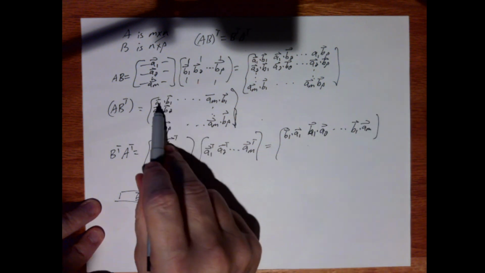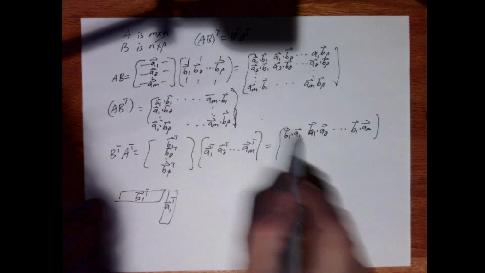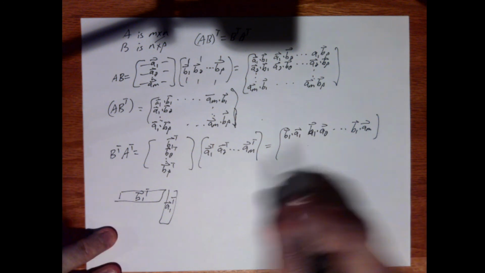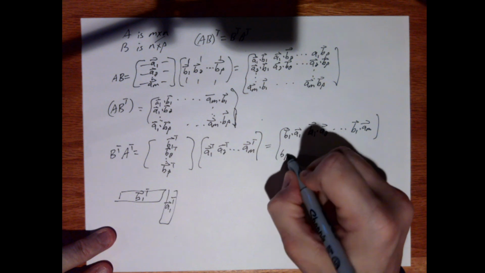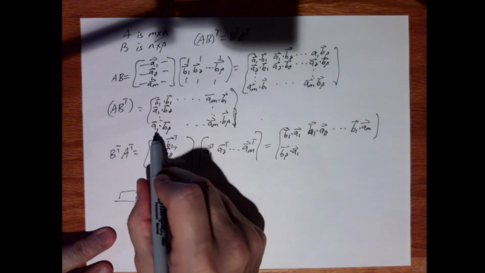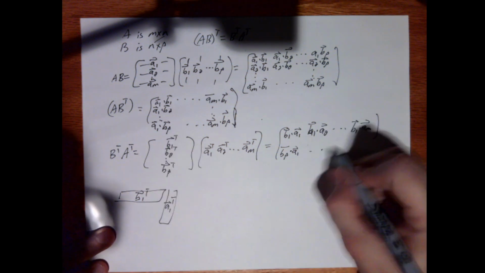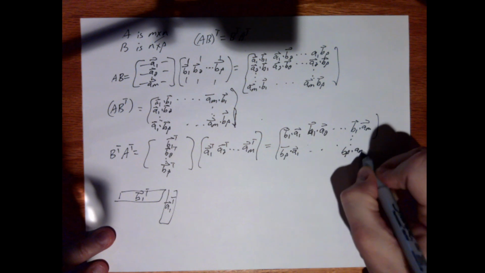Well, what was this? A1.B1. Remember we said that A1.B1 is equal to B1.A1, so those are equal. AM.B1 and B1.AM are equal. Continue my way down, I'm going to get BP.A1 and A1.BP, those are the same, then BP.AM and AM.BP. Those are vectors.